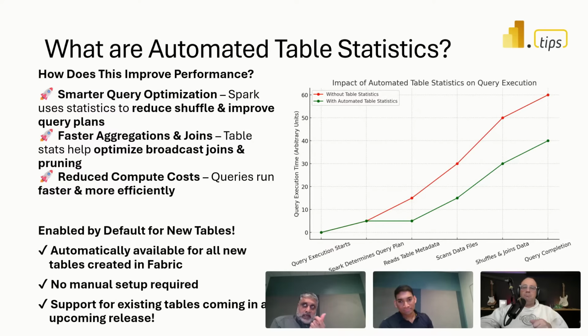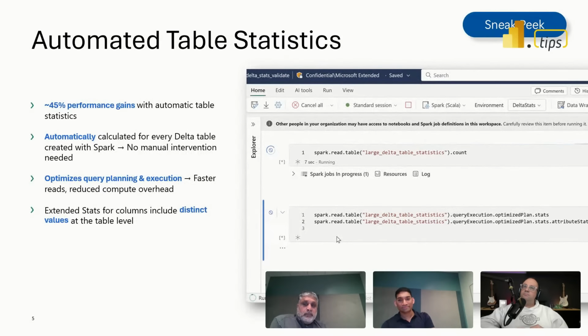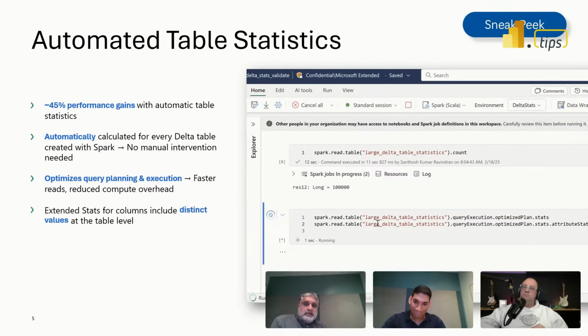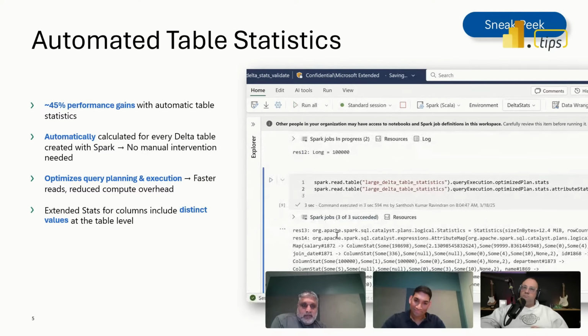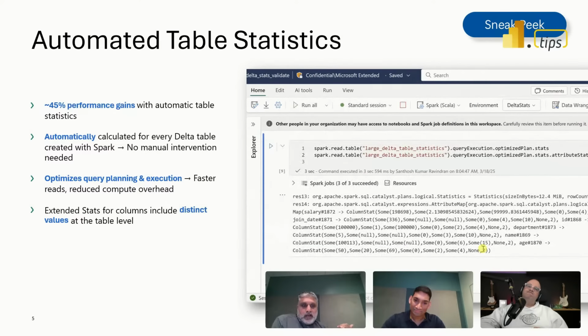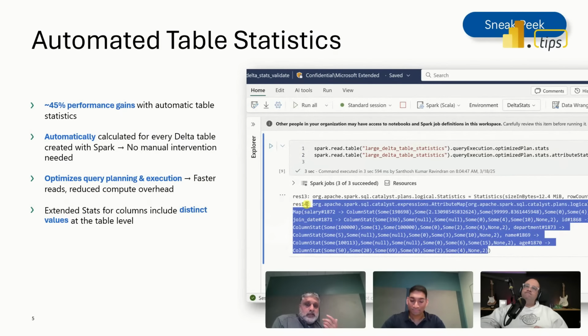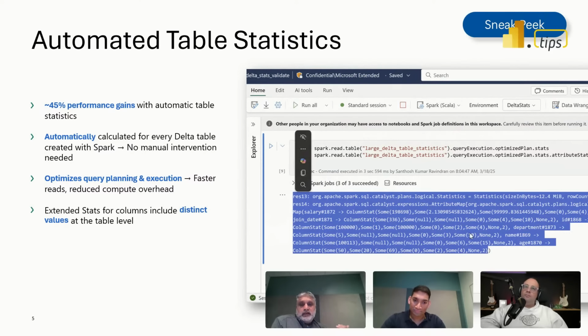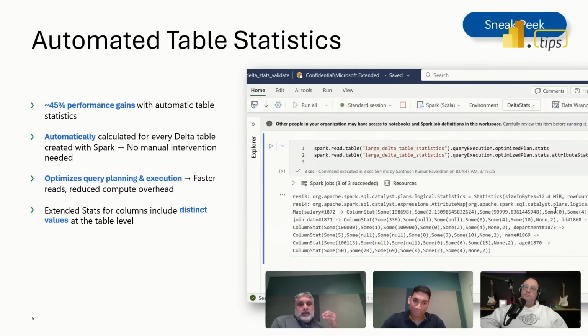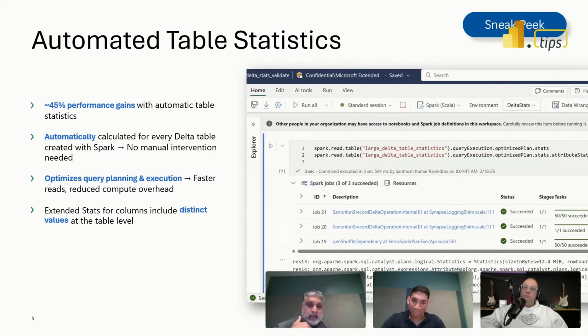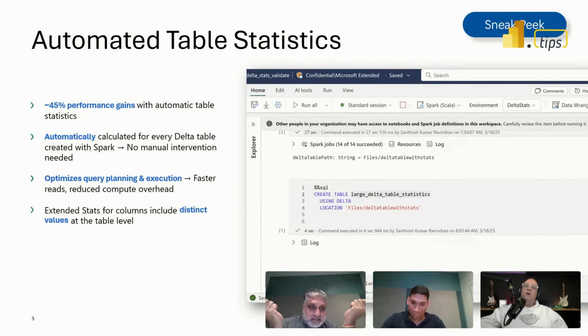So one of the things I wanted to dive into, if you go to the previous slide, the biggest thing we did here, which really makes a huge difference in terms of the performance work, is the distinct values at the table level. That's something which I wanted to call out. The reason that is important is because it is materially making a difference in the statistics we get for deciding whether to push an aggregate or what kind of join to select.